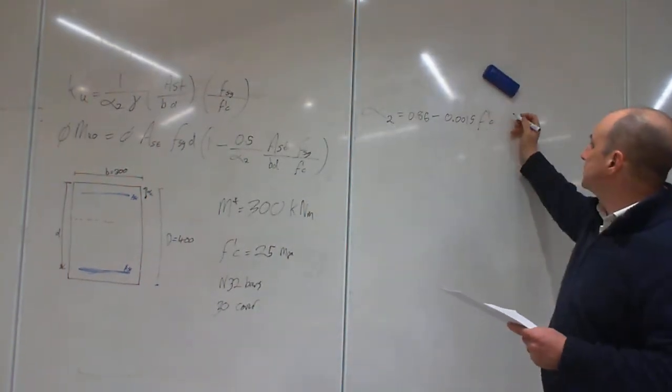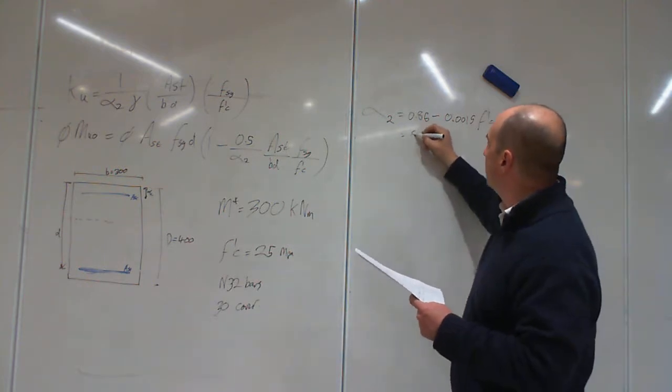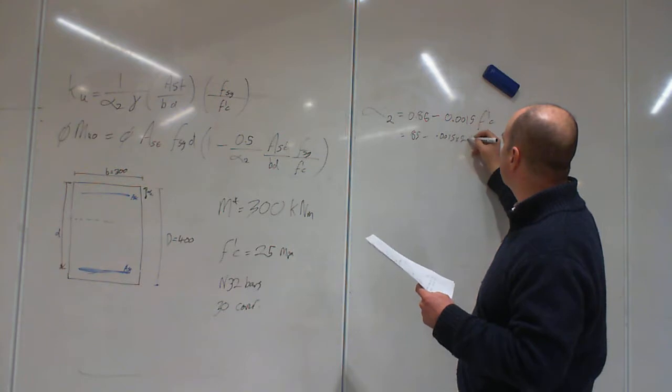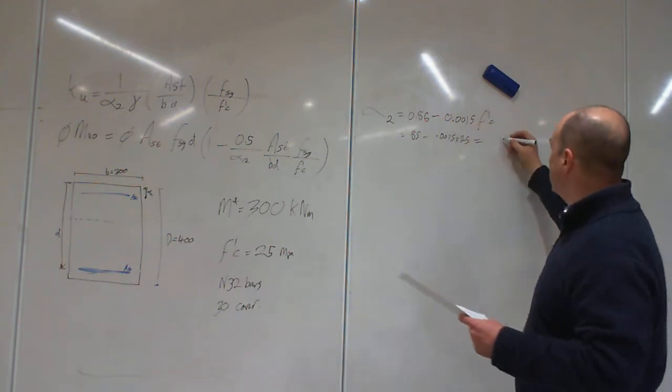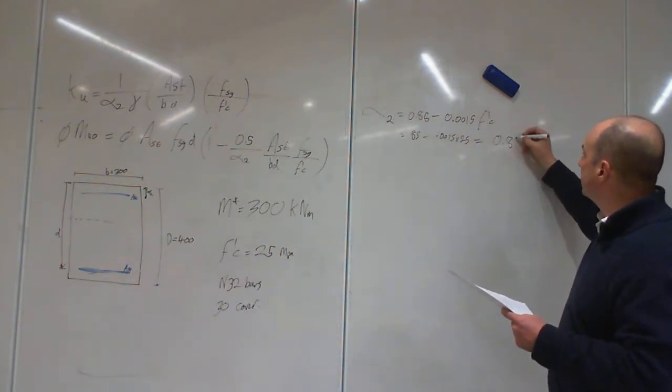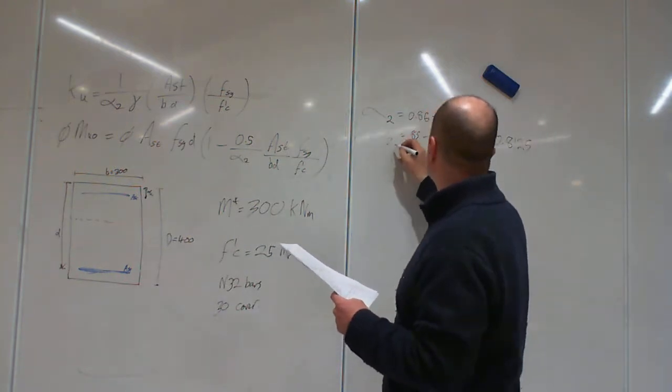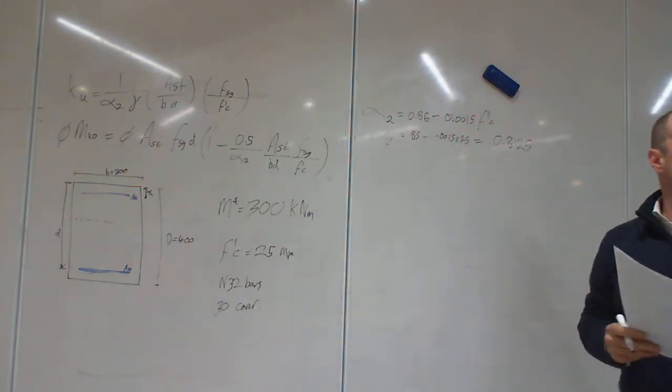And F dash C is 25, so that equals 0.85 minus 0.0015 times 25, which equals 0.8125. Okay? Alpha 2, we're going to need that soon, and a bit later as well.